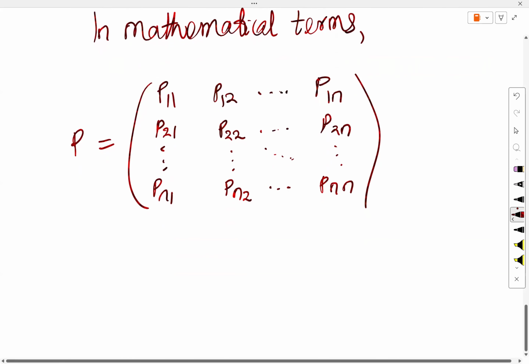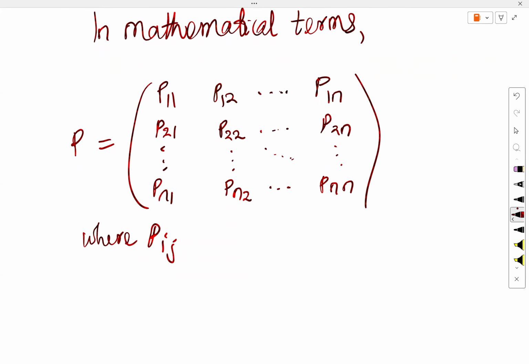And we already know that each Pij is greater than or equal to 0, because no probability is less than 0 or greater than 1, for all i, j.